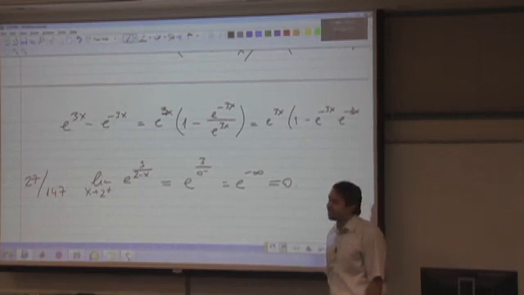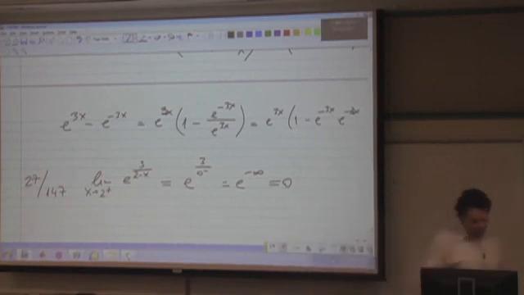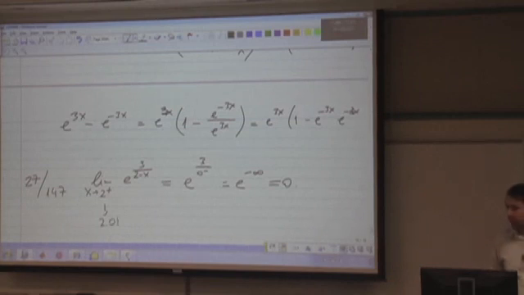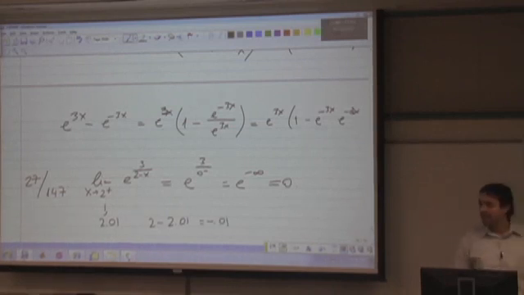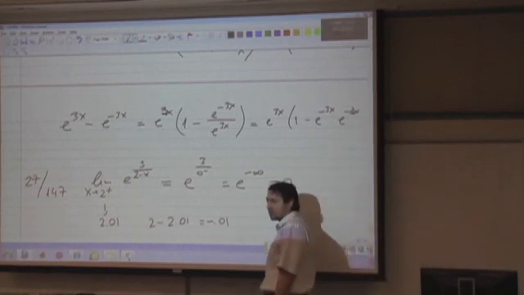Sorry? Would it be 0 plus? Well, keep in mind that 2 plus means 2.01 or whatever, 2.1. So you have 2 minus 2.01, so you end up with minus 0.01. Does this make sense?